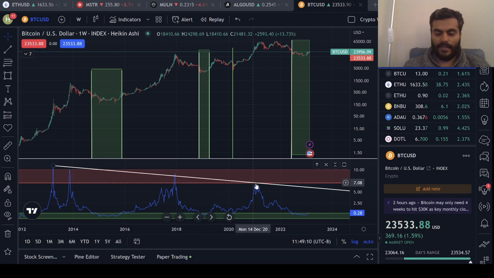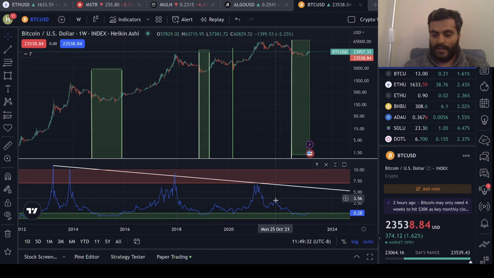And especially one of the things that happened in the last cycle is the Z-Score was way high during the first peak of the bull run, which was around the early summer of 2021. But you can see that the second time the Z-Score did not quite reach even 50% of the prior value, which was about 7, and now in late November it was around 3.